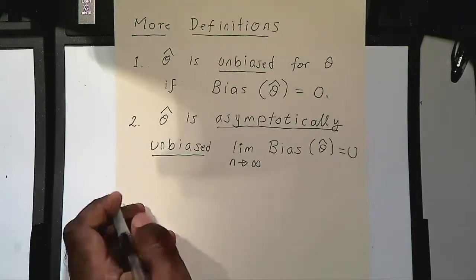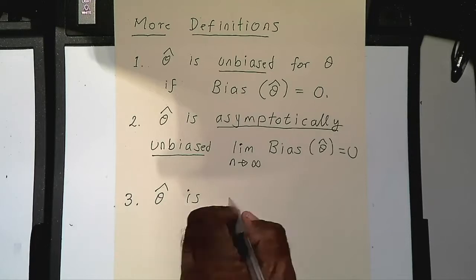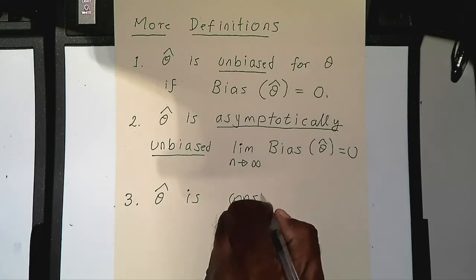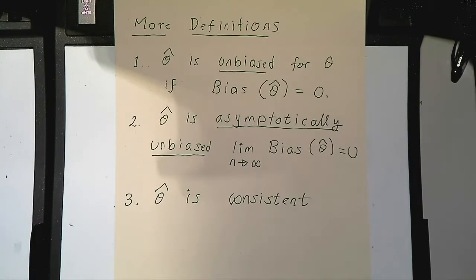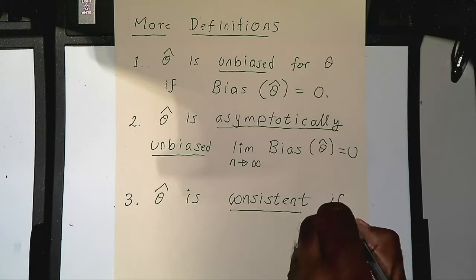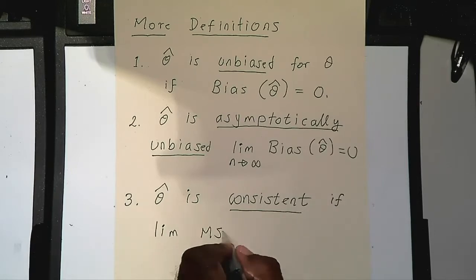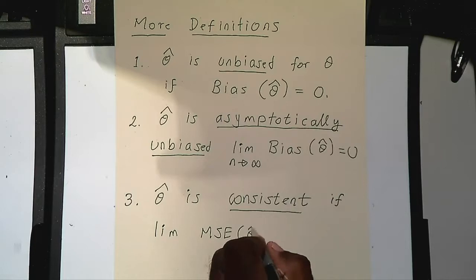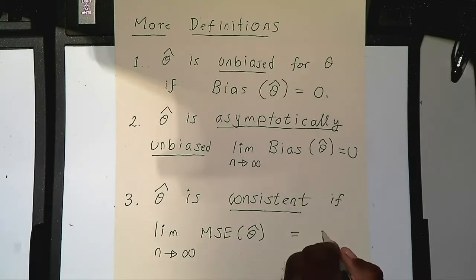And number 3, an estimator is said to be consistent if the limit of the MSE as n approaches infinity is 0.